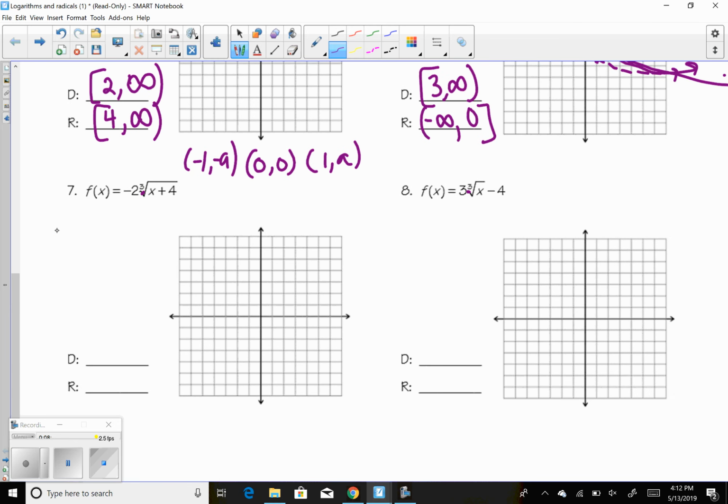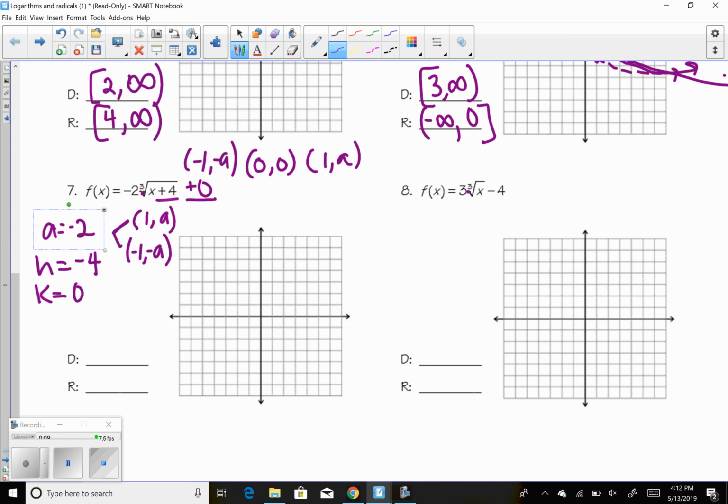All right, so my a here is negative 2. Remember, the 3 is in the index. That indicates a cube root. H comes from inside, and it comes out as negative 4. K is what's in the back. Well, there's nothing back there, so K is 0 here. So this time, using your a, you get the point (1, a), and you get the point (-1, -a).